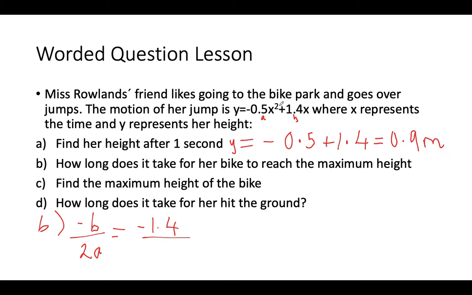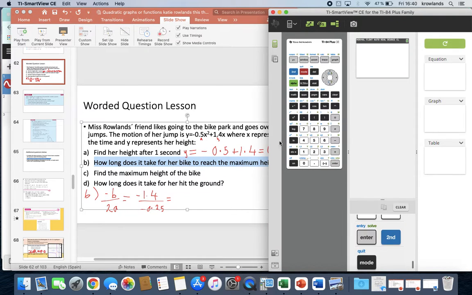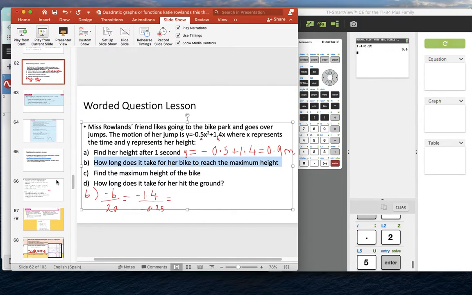So it's going to be minus 0.5 times 2, which is minus 0.25. Then these minuses will cancel each other out, and we go on to the main part of the calculator and type 1.4 divided by 0.25, enter, 5.6. Does that sound right? Let's see if I got that right.